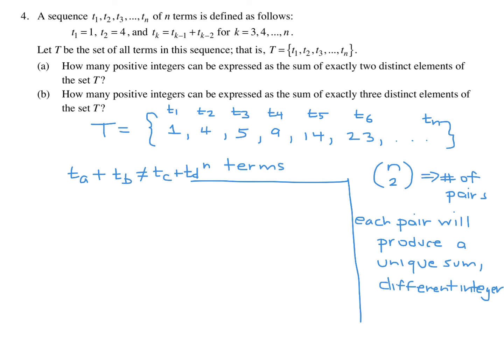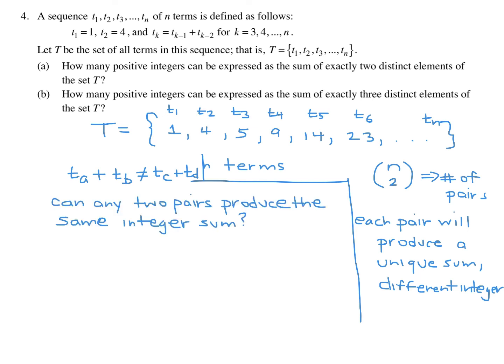So essentially what I'm really trying to show is, can any two pairs produce the same integer sum? If the answer is no, then the answer to this question is just a simple n choose 2. If the answer is yes, then I have to subtract those from this, because those ones would be doubles basically, right?